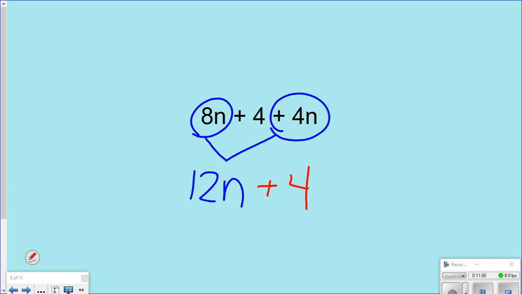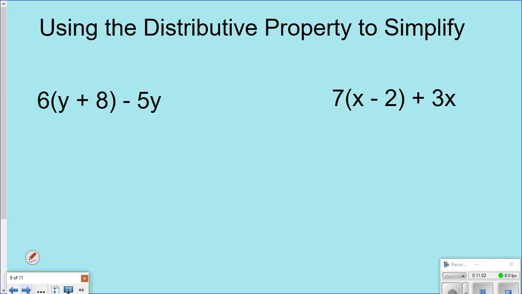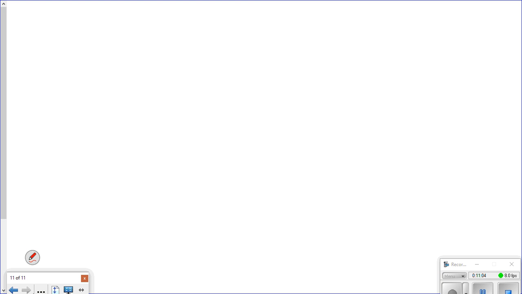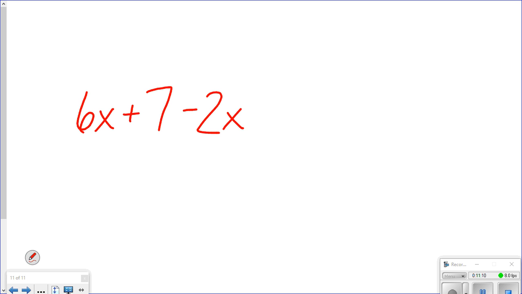Let's try the harder one. This is not very hard. We're going to come back to those. All right, let's try this. 6x plus 7 minus 2x plus 3. Try that one yourself. If you need to circle them so you know what signs they are, great. If you want to use 2 different colors, great.